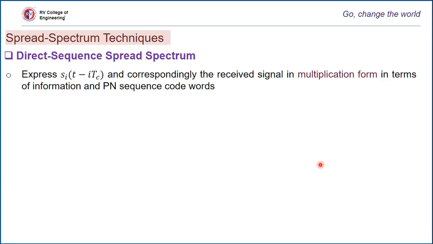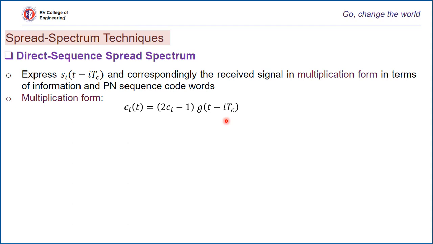Let's try to express this modulated waveform, and correspondingly the received signal, in multiplication form, in terms of the multiplication of the PN sequence and code words. Suppose the elements of the coded sequence are mapped into a binary PSK signal according to the relation ci of t is equal to 2ci minus 1 times g of t minus iTc.